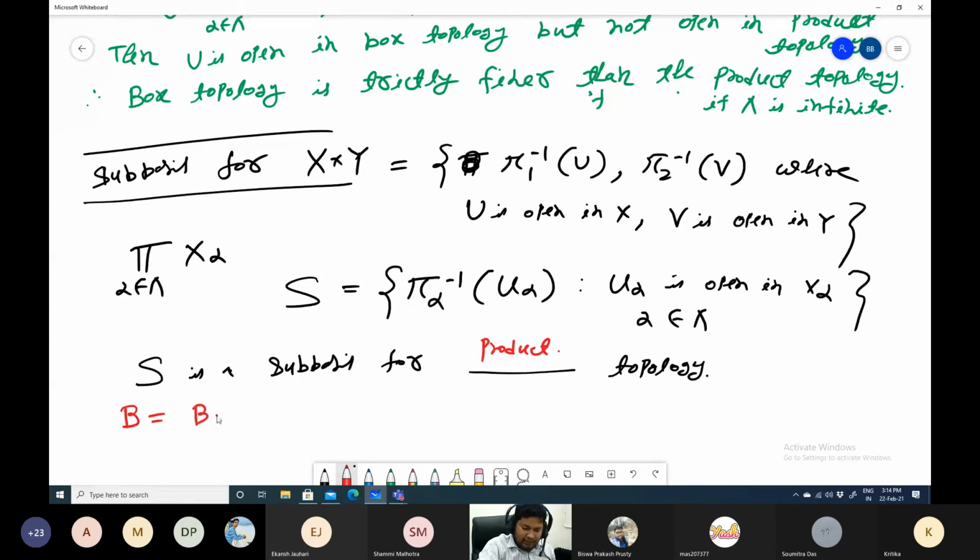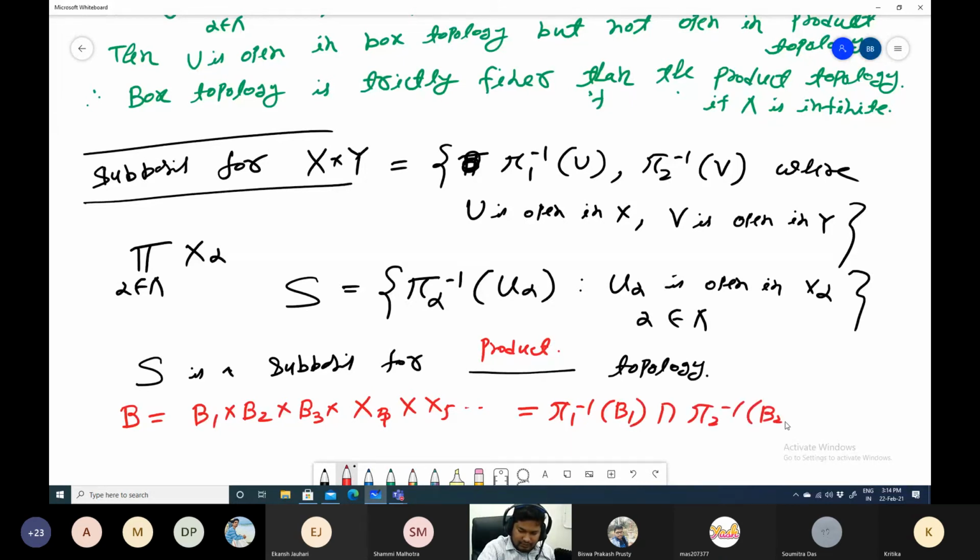B was some B1 cross B2 cross B3, and all the other elements were whole spaces. And in this case that was pi 1 inverse B1 intersection pi 2 inverse B2 intersection pi 3 inverse B3.